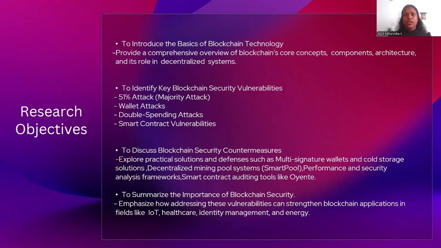The next one is to identify key blockchain security vulnerabilities. Even though it's safer, it still has some vulnerabilities like 51% attacks, wallet attacks, double spending attacks, and smart contract vulnerabilities. These will be discussed clearly in later slides.